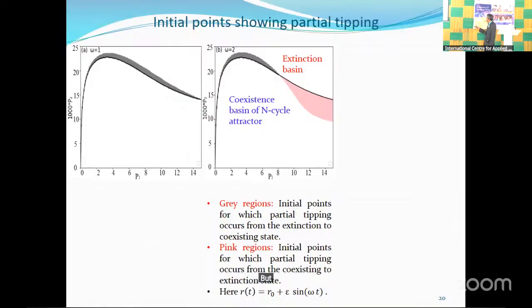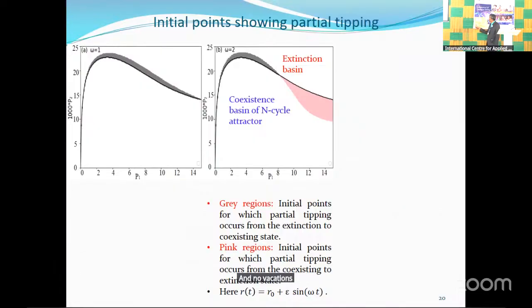But if we decrease the frequency and make omega equal to 1, look at this, there is no pink color. So that means there will be no exchange of basin of attraction. No trajectory will cross the boundary and go to extinction.